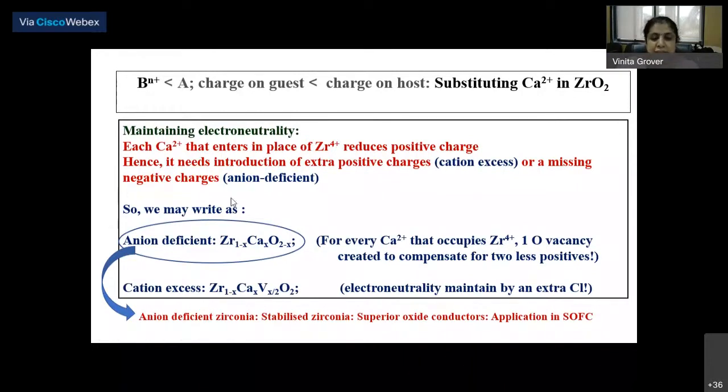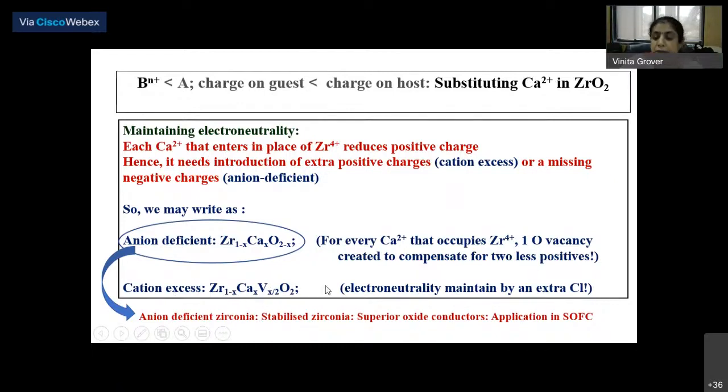And we realized that because calcium has got the smaller charge, when it substitutes Zr4+, to compensate for that lesser charge, either we should have cation excess because we need to increase the positive charge in the material, or we should have anion vacancies. And in both the cases, how to write the nominal formula, that also we did.